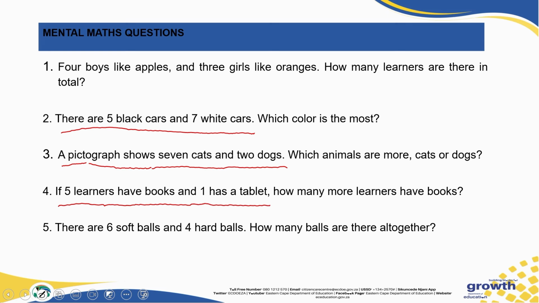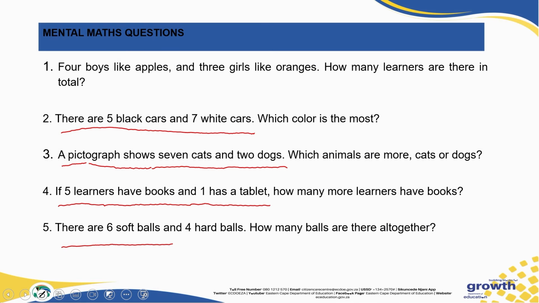Again on this question, grade ones, we are going to compare 5 with 1. So all in all, there are 4 learners more who have books than the one who has a tablet. Very good, learners.